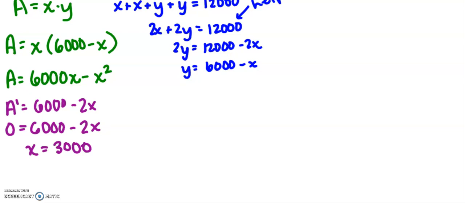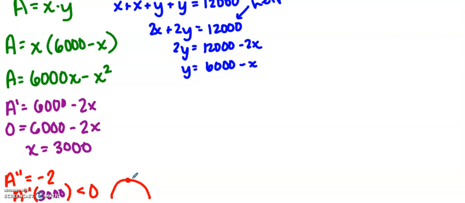a rectangle. Or I can find my second derivative, A double prime, would be equal to -2, which means A double prime at that critical number of 3,000 ends up being -2, so less than 0, which means my graph was concave down, which means at that moment I have a maximum. So we have a max at x equals 3,000.